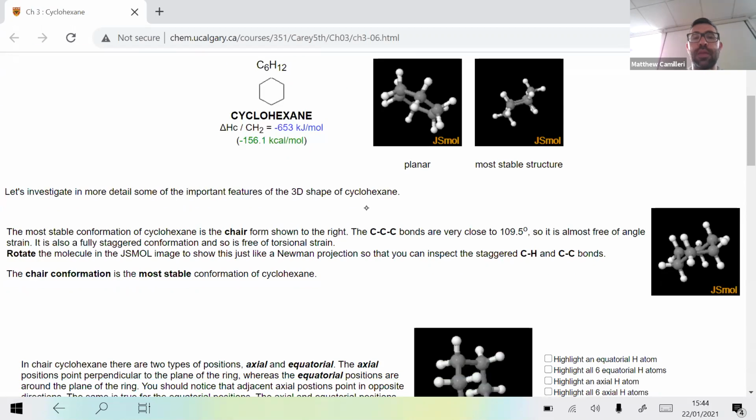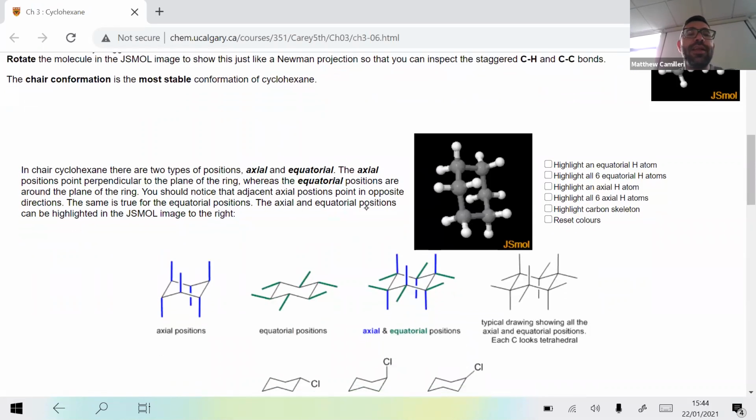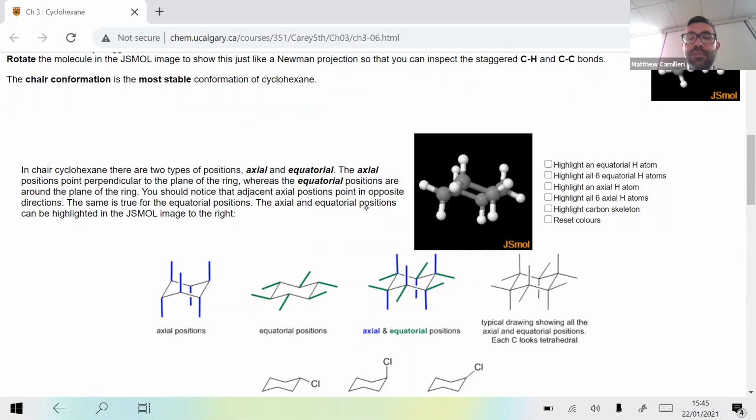So in the chair conformation, you've got the axial and equatorial hydrogens. The axial hydrogens are perpendicular to the ring, and the equatorial are around the plane of the ring. So axial, let's highlight all of them.